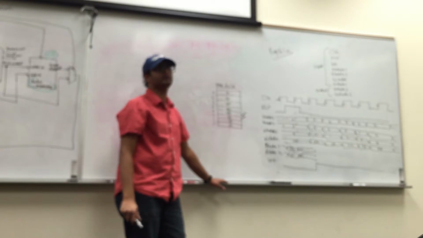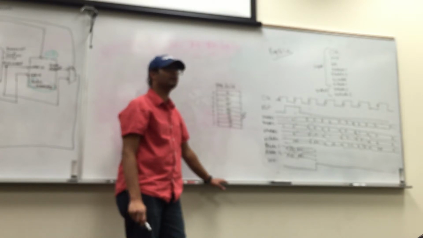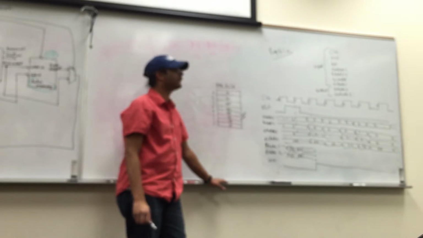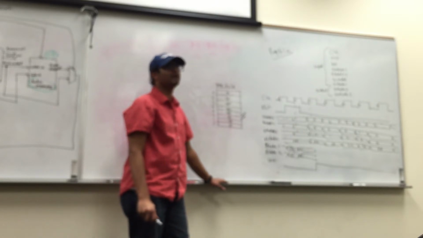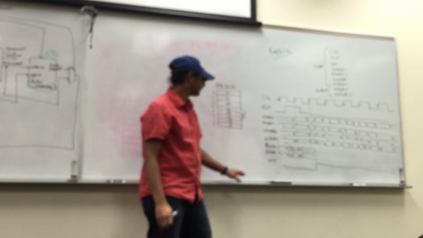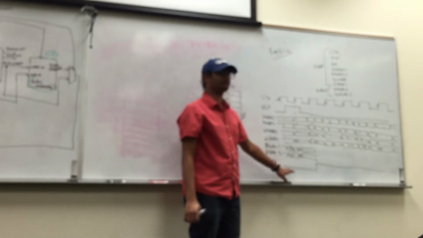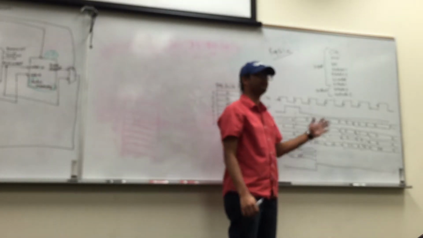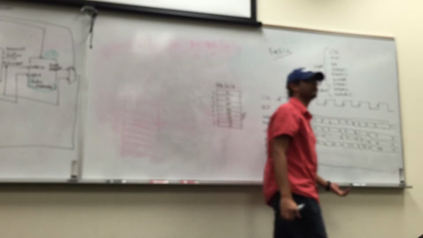Will it read when write enable is high? It has to read. Yes, it reads and writes. Whereas if write enable is 0, then it just reads, it doesn't write. Whereas if write enable is 1, it has to read and write. That's the operation of a register file.